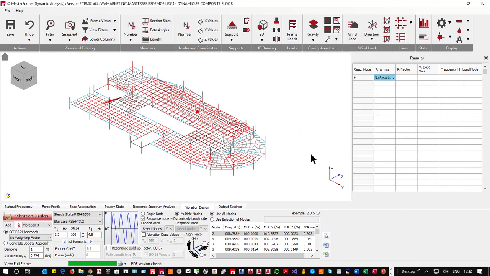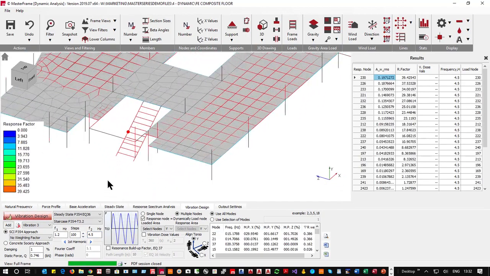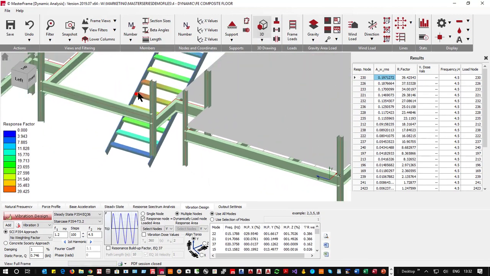Oh, we need to close that and do the analysis on this staircase, and we'll see now that we've got values, but we can't see much in here because it's all pretty much just a few lines. But if we turn on the 3D, we can see the coloration of the floor, and we can see here is the value that we're expecting. Now that's quite high.